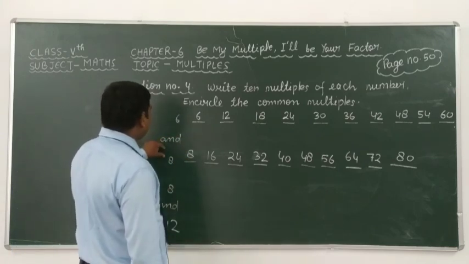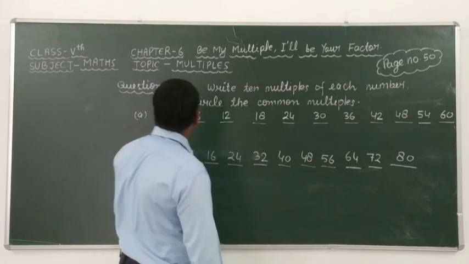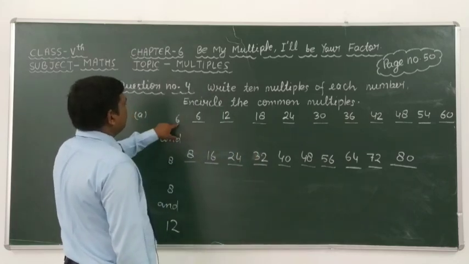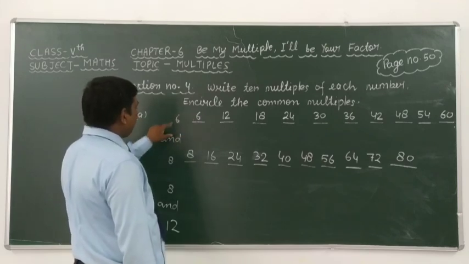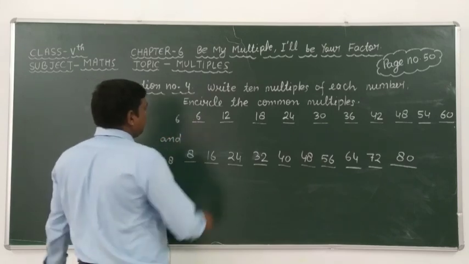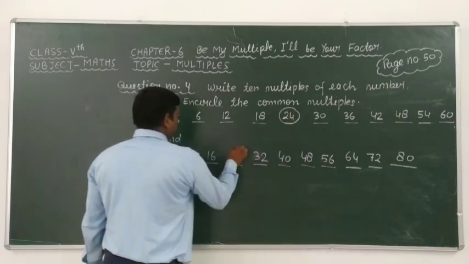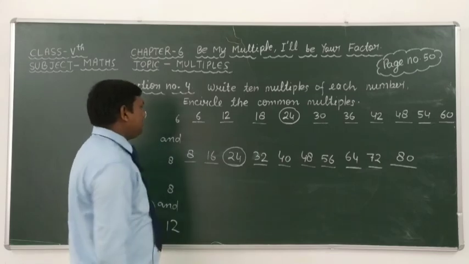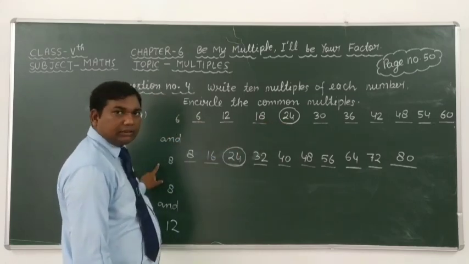Look here carefully. Here we get 6 and here 8. This is not a common multiple of 6 and 8. Here we get 24 and here we get 24. It means that 24 is a common multiple of 6 and 8.